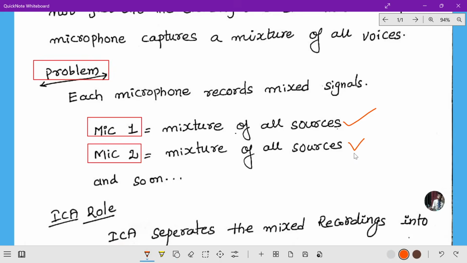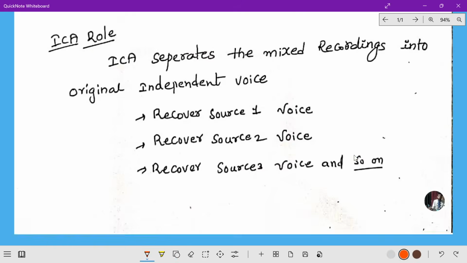Microphone 2 also captures a mixture of all the sources. Then what is the main purpose of ICA? Independent component analysis separates the mixed recorded signals into the original independent voices.